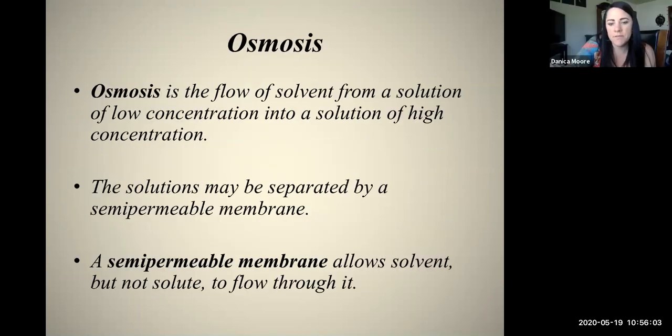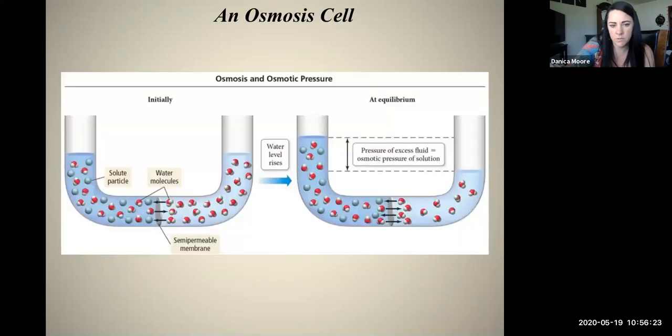Okay, so then the last one, I believe, is osmosis. This is the process of a solvent flowing across a semi-permeable membrane from low concentration to high concentration. I think this makes a lot more sense with a picture.